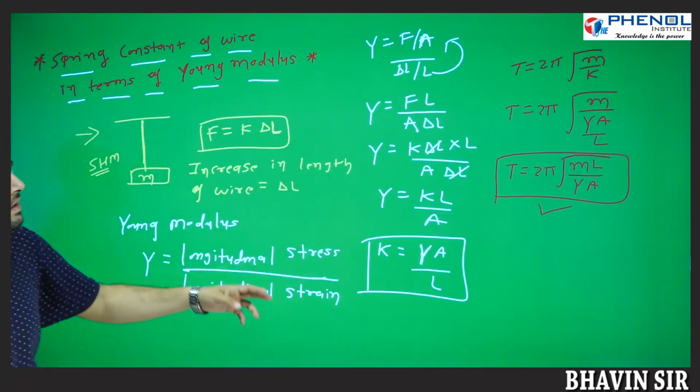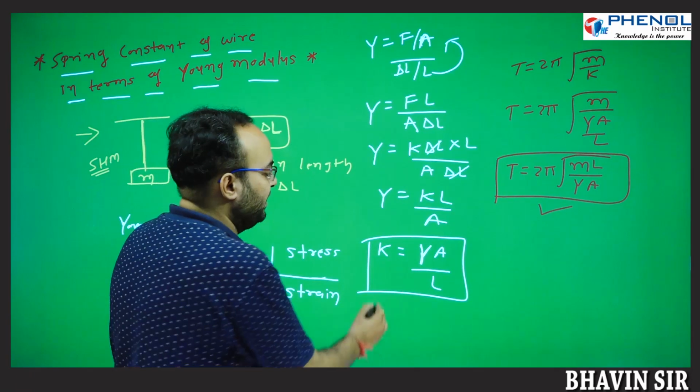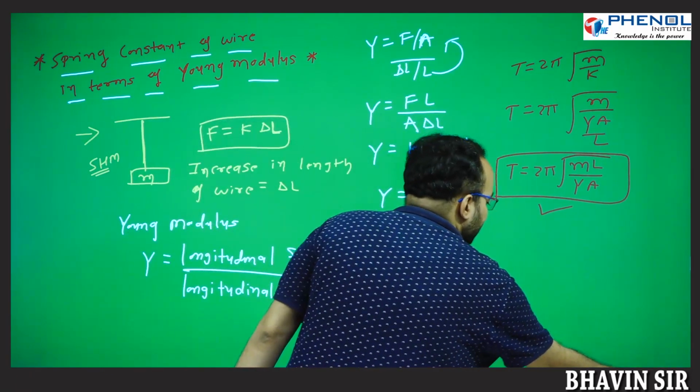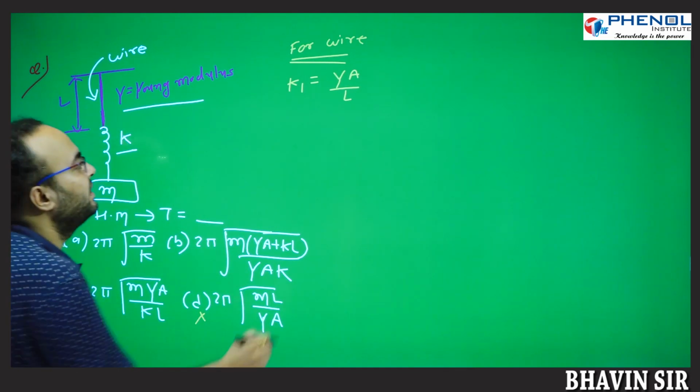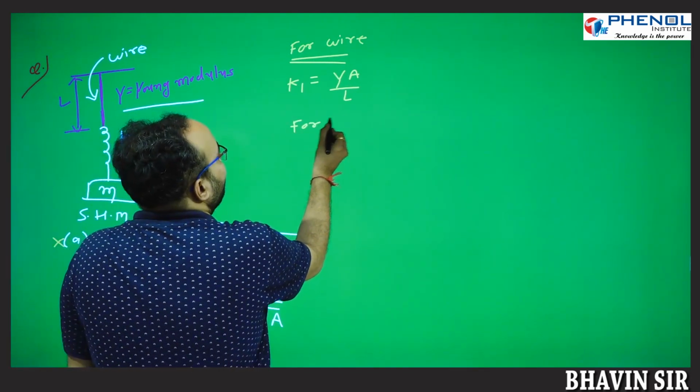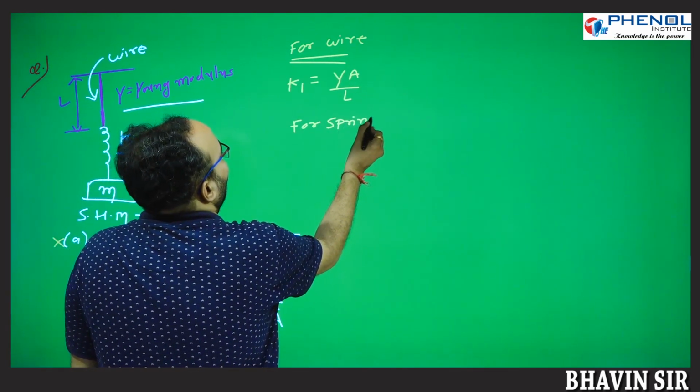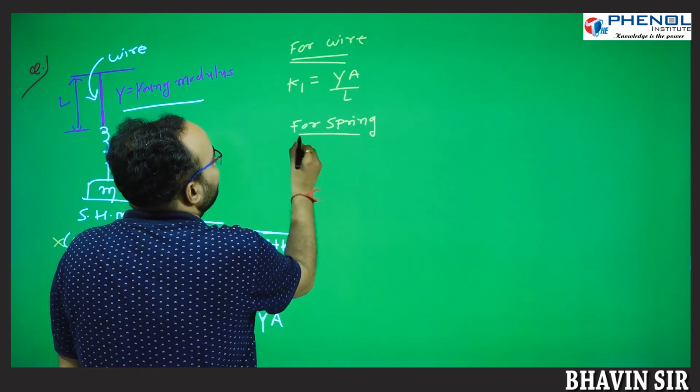YA by L. See here also options are in terms of Young modulus Y. Now for spring, what is the spring constant?